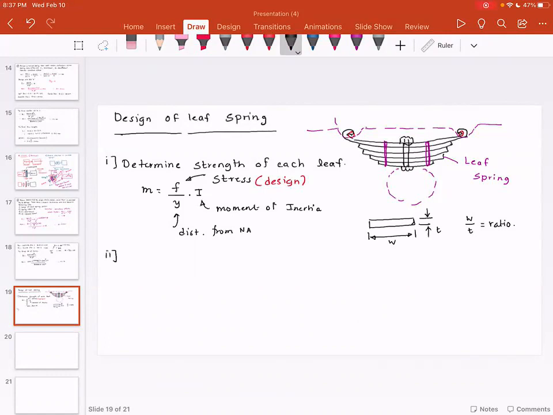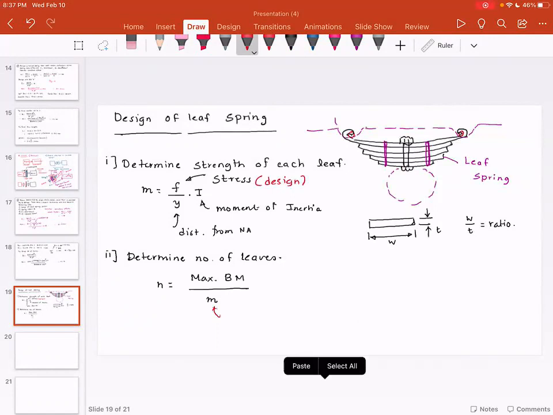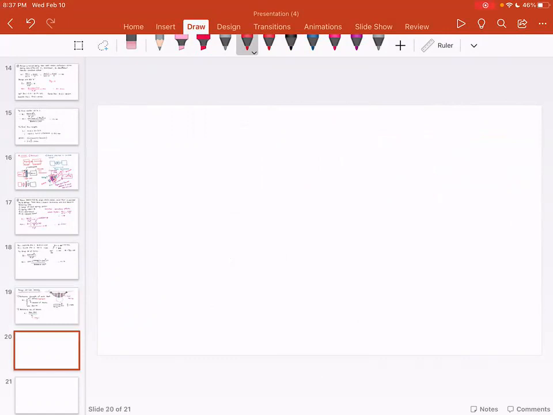The next step is we determine number of leaves, which is we look at the loading condition, find out the maximum bending moment, and divide that by the M, which is the moment capacity we got from step one. Next step is we find out the radius of curvature.